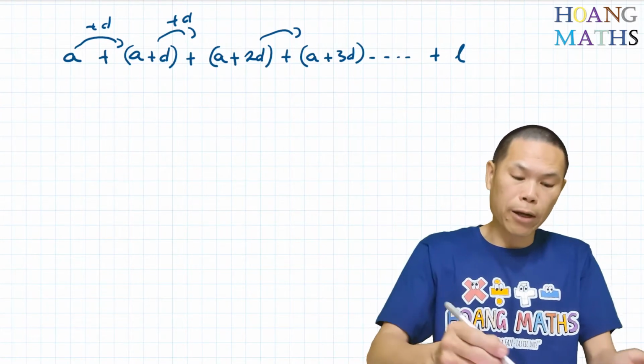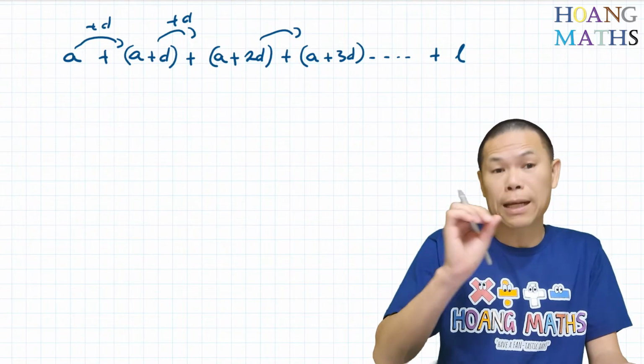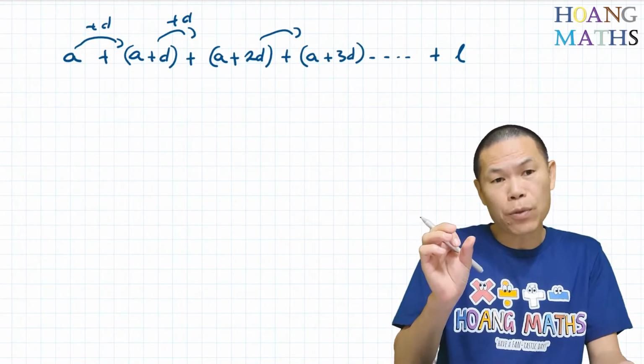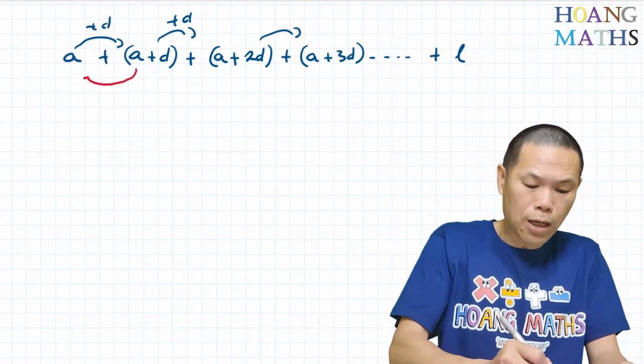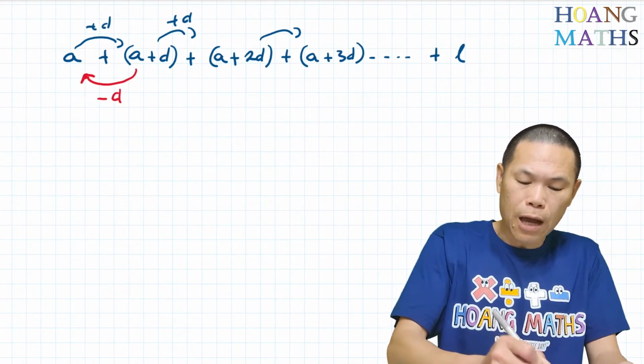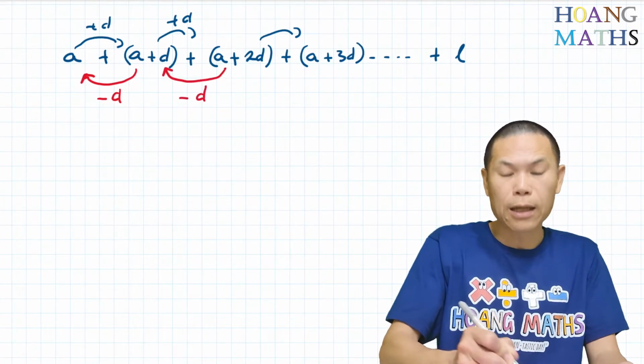If you think about it, because the second term is equal to the first term plus D, to go back from the second term to the first term, instead of plus, we minus D. How do you get the second term from the third term? We just go here, we minus D, right?